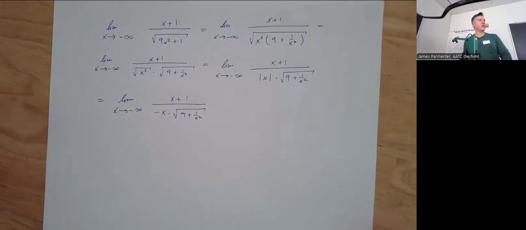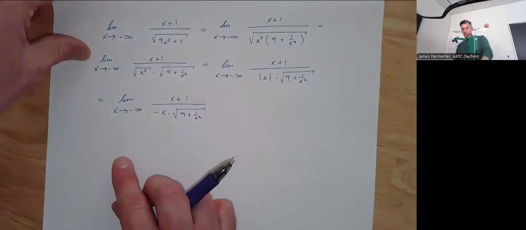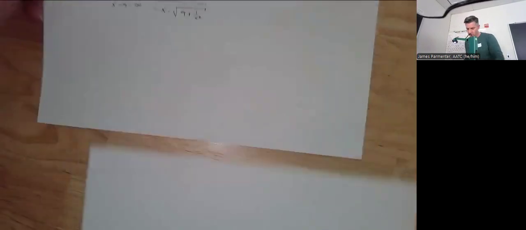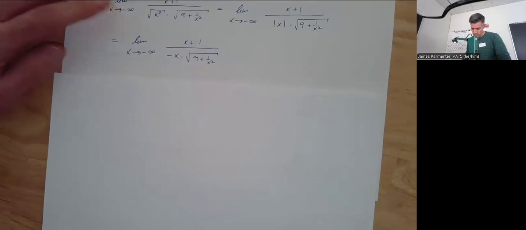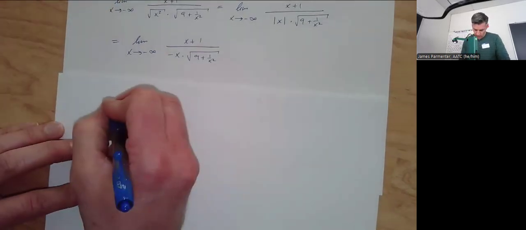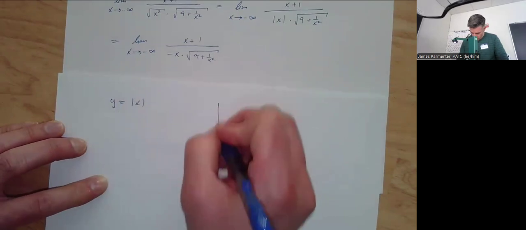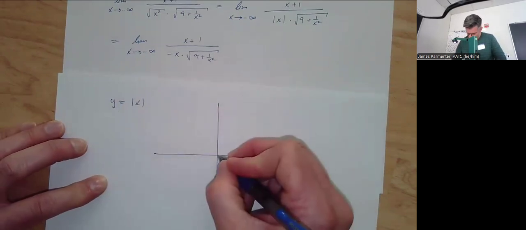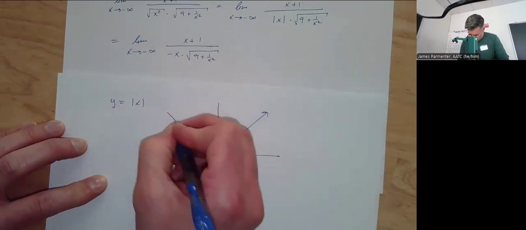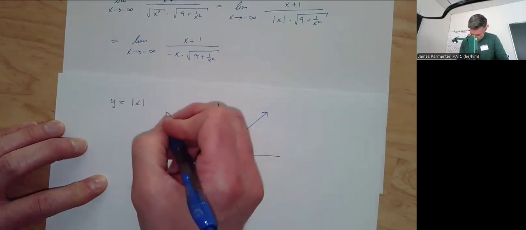In case that is tripping you up, I'm going to go away from this for a second, but I'll come back to it, I promise. I'll remind you that y equal to the absolute value of x looks like this. It is this v-shaped function, although I wouldn't write it like this.